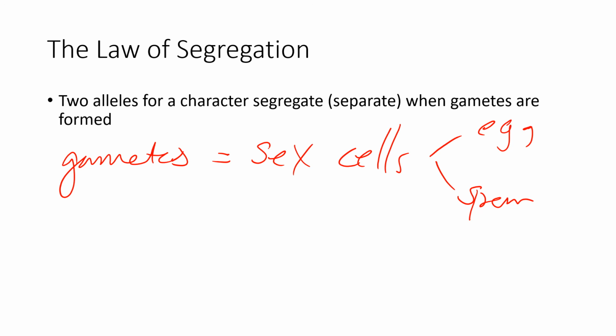Also, that's part of another law we'll talk about in a minute. So if your genotype for hairy knuckles is capital H, lowercase h, that means that when gametes are formed, they're going to either have capital H or lowercase h. That's what that means. And it's done randomly too.